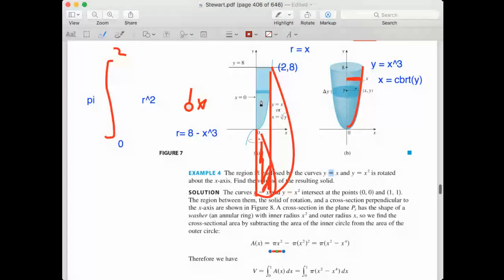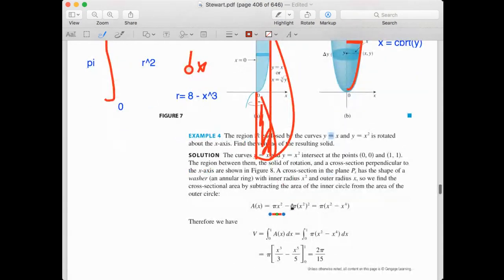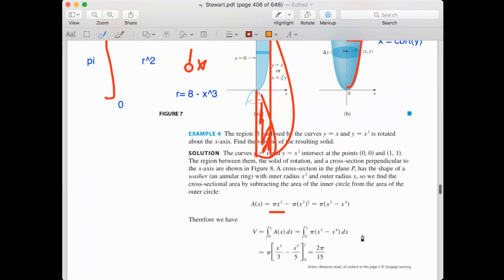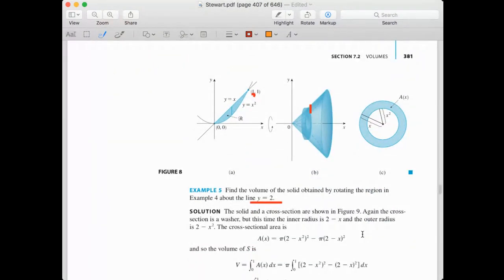If we do it this way, the 3D object is a hollow one, and we want to subtract out the volume of the hollow. We only need to find the volume of the solid. So that's why we have this subtraction.